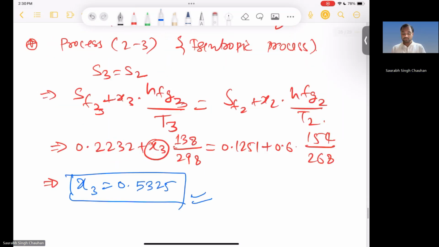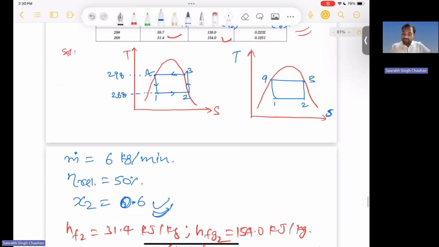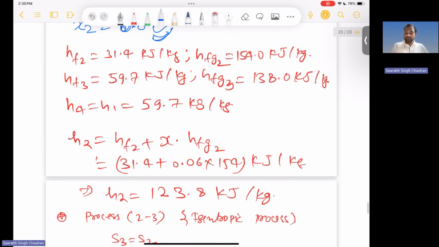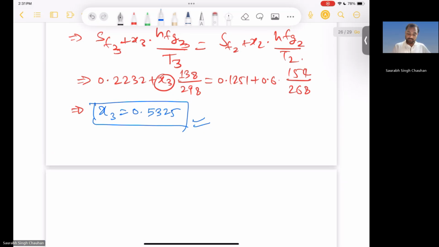Okay, so now you have the quality or dryness factor at point 3. Okay, so this is also not at the saturation line. This will also be inside the dome, right? So this is point 3. So now you can calculate the properties at point 3. For example, enthalpy at point 3 will be equal to HF3 plus X3 into HFG3, right?